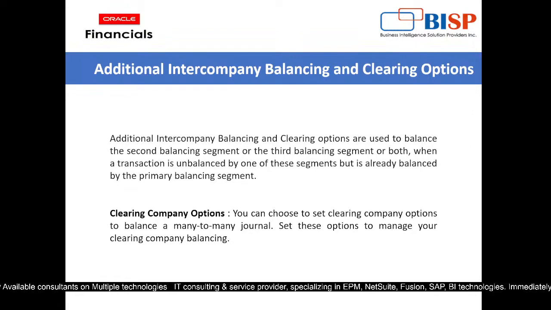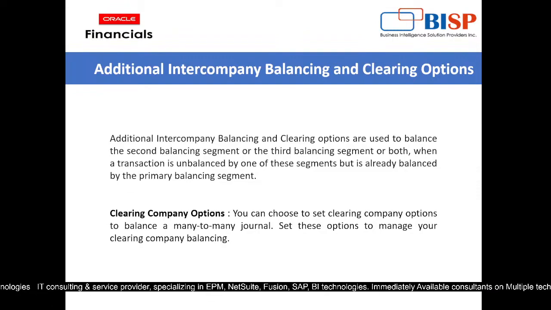As you all know, our chart of accounts can have three balancing segments: the primary, the secondary, and the third. So if I have defined rules for the primary balancing segment and it is still not balanced for the second and third balancing segments, then we can define additional intercompany balancing and clearing options.